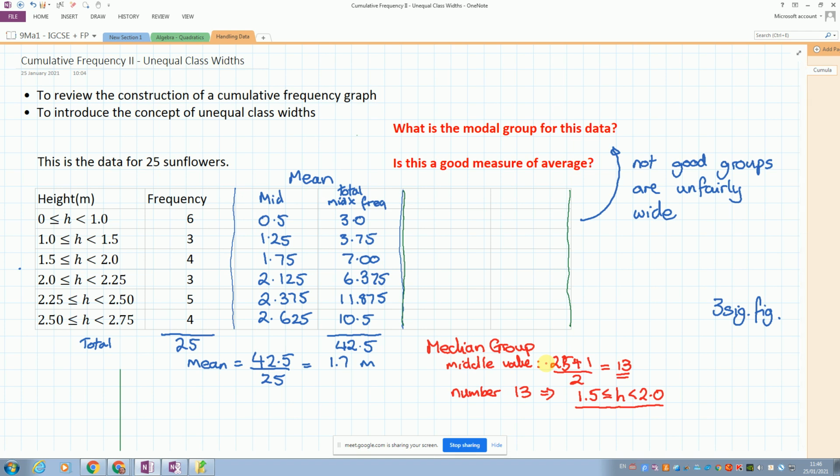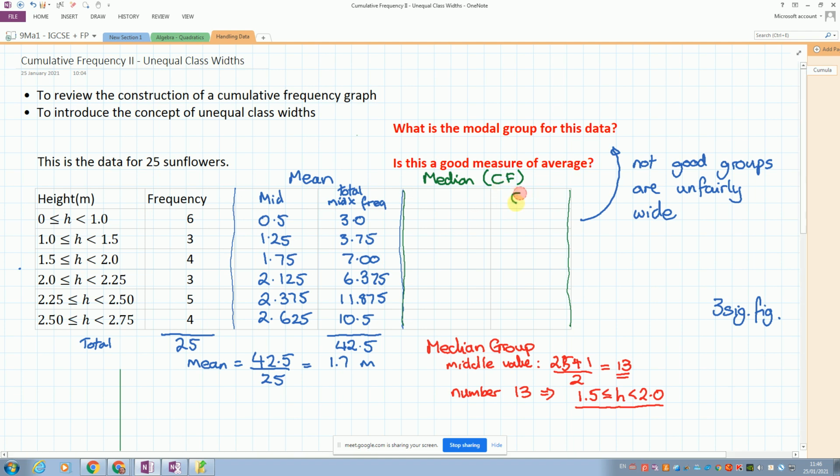Friday, we did a better method of finding exactly a good value for it though. And that was finding the median by doing cumulative frequency. And to do cumulative frequency, I need to have two values again.